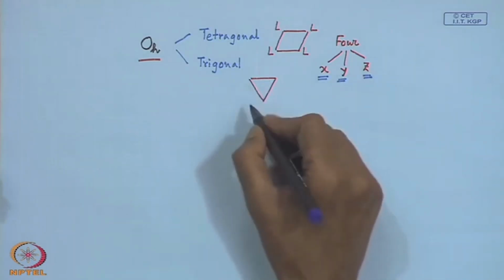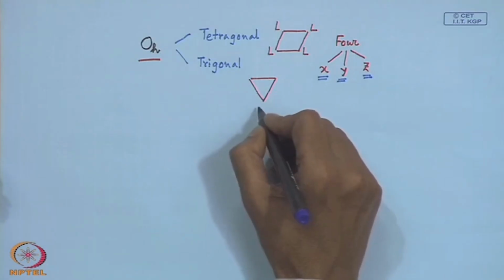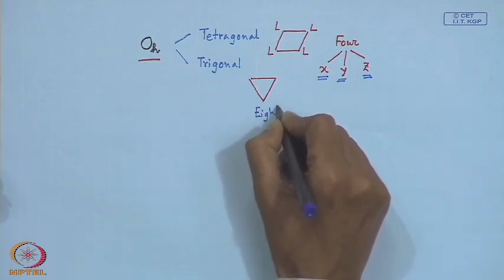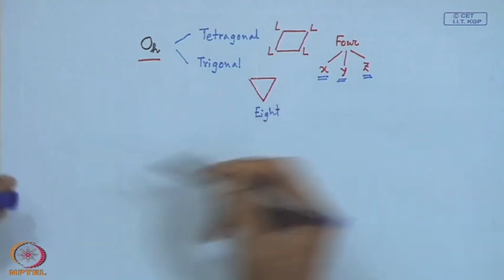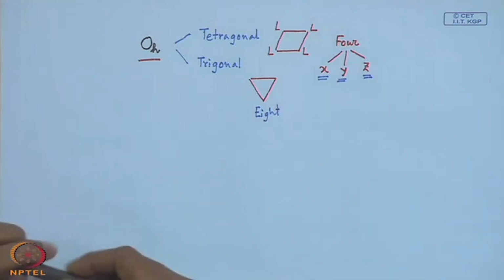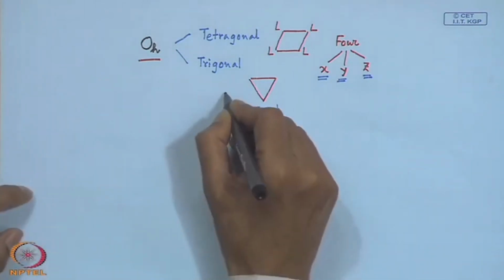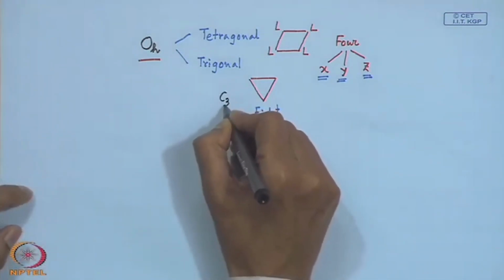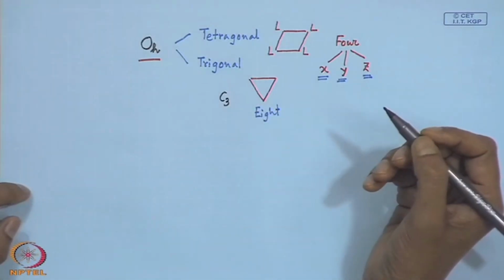Similarly, in a particular octahedron we can have 8 such trigonal faces, and along these trigonal faces, which we will consider along the axis which we will consider as the C3 axis.